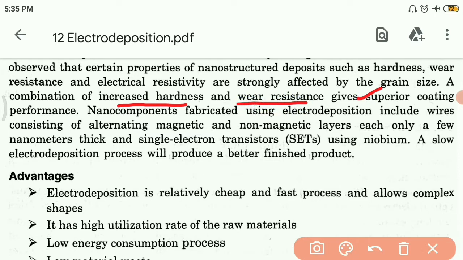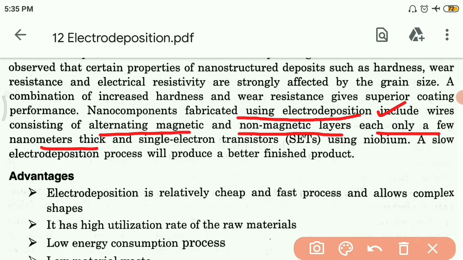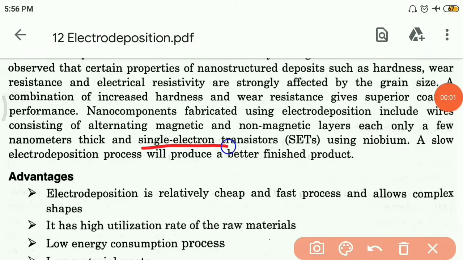Nano components fabricated using the electrodeposition process include wires consisting of alternating magnetic and non-magnetic layers, each only a few nanometers in thickness, and single electron transistors, that is SETs, using niobium. Okay, so a slow electrodeposition process will result in a better final product.